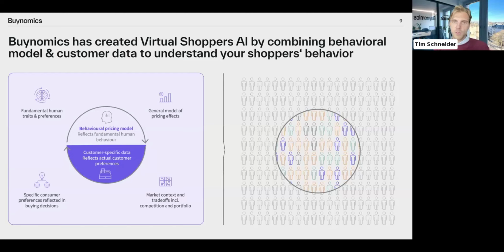So we basically use our model and train it with the market data so that all of the virtual shoppers, of which we create millions, behave in the same way as the real shoppers do. So we essentially have a copy of the real shoppers, on which we can test what happens in the market if prices change and so on.